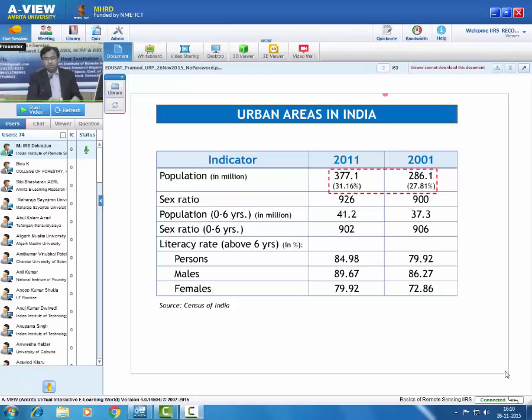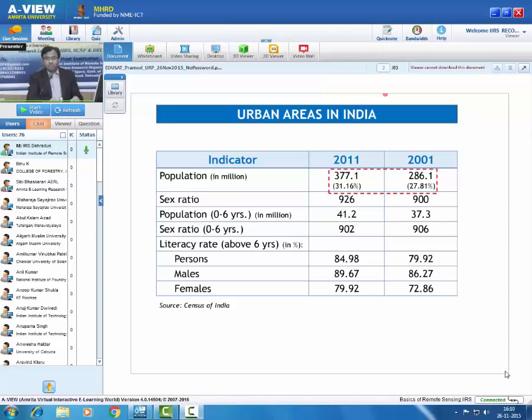As we all know, as per the census results, urban areas are ever increasing. In the year 2001, the urban population was 27.81%. In the 2011 census, the urban population has increased to 31.16%.